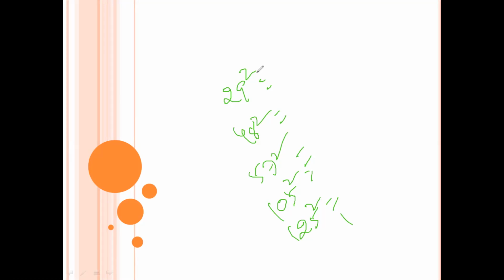Very good. 105 square is 11025. That one is also the right answer. Very good, ma'am.